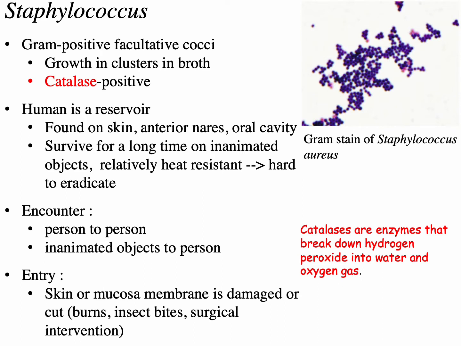It can survive for a relatively long time on objects, such as your instruments and your bench top, so it can survive longer than most other organisms. It is relatively heat resistant as well, so these factors make it more difficult to eradicate.